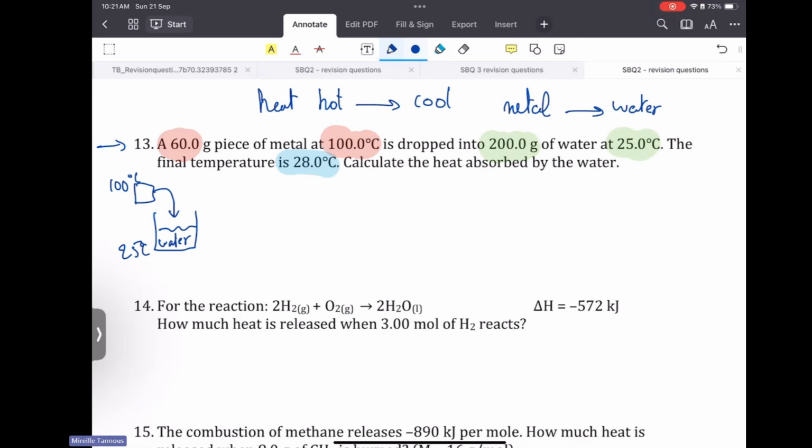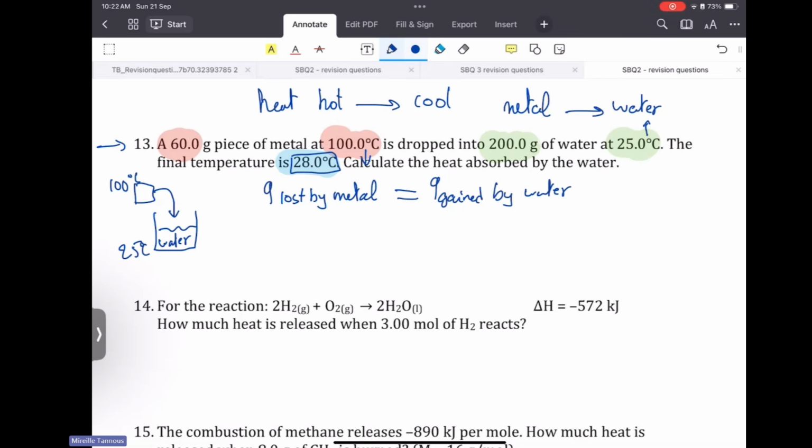The temperature of the metal is going to drop. The temperature of the water is going to increase until both of them become 28 degrees Celsius. In this case, whatever heat lost by metal is going to be equal to the heat gained by water.